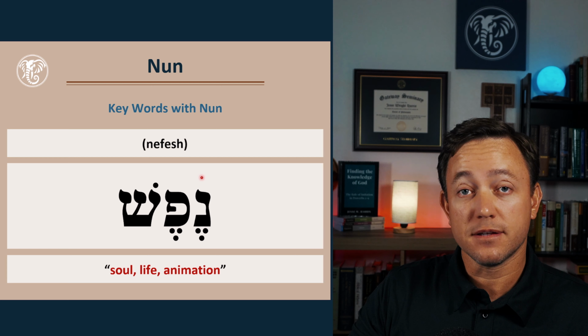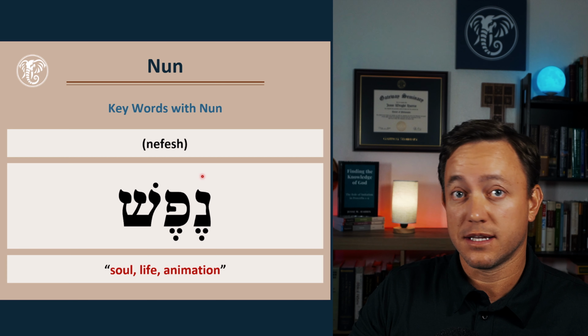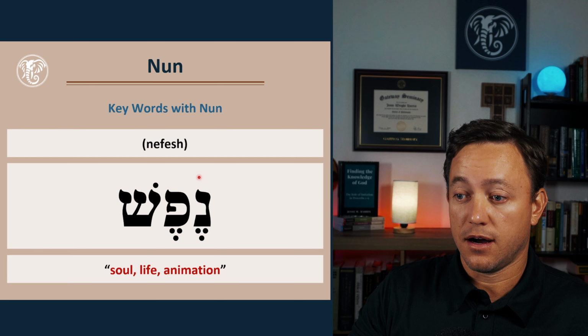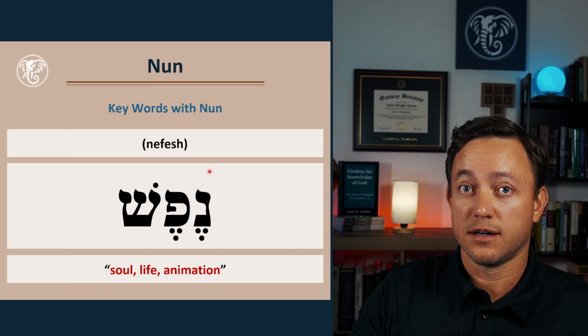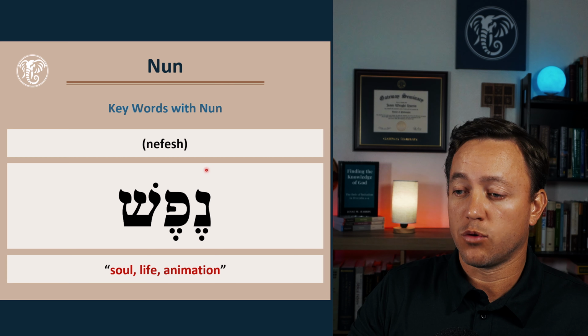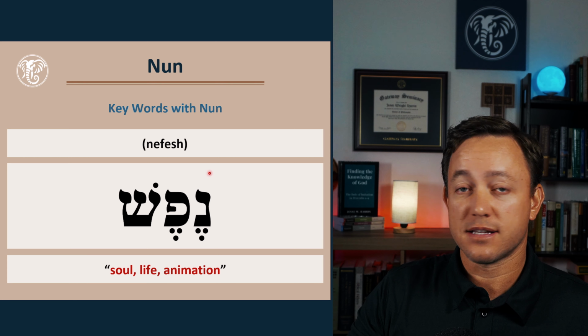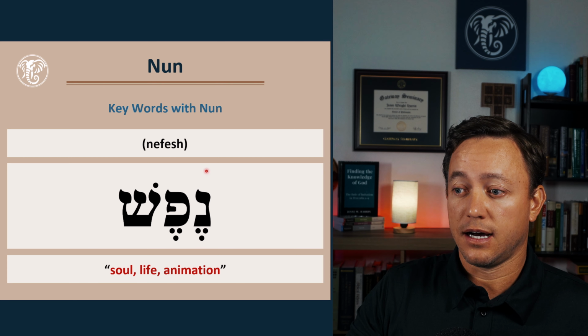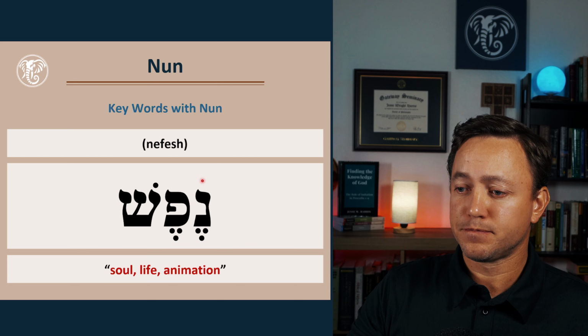But it definitely, for sure, in the Psalms and even some of the prophets, takes on a much stronger sense of the soul, perhaps as we might think of it nowadays in more modern times as well. So it has a much more spiritual sense, especially in certain texts.